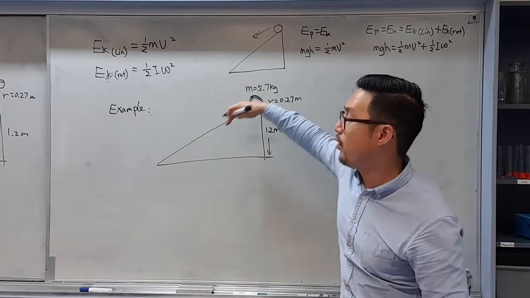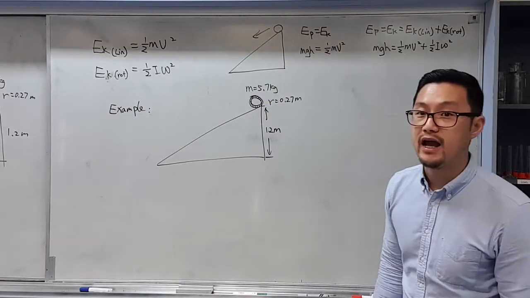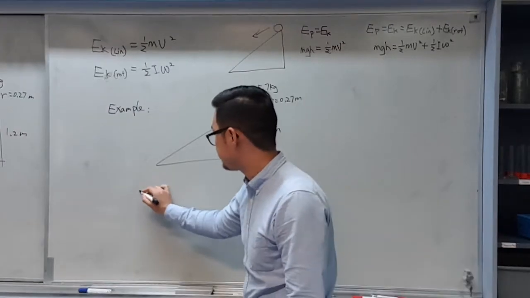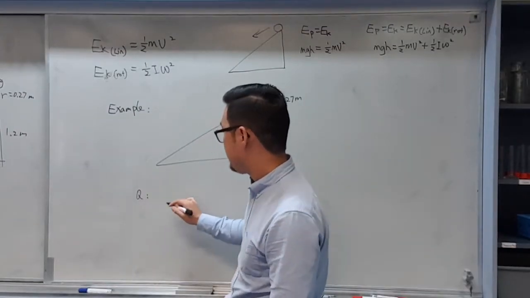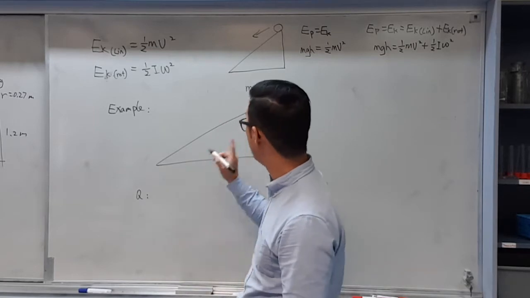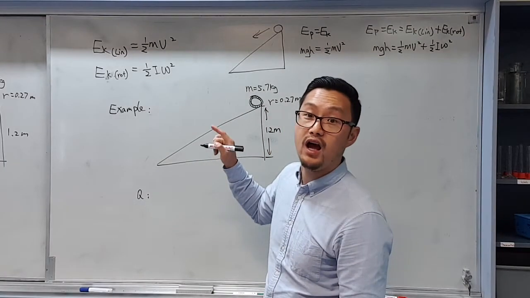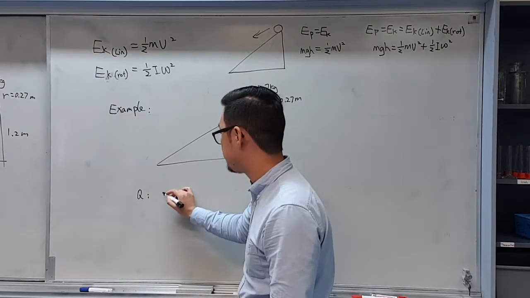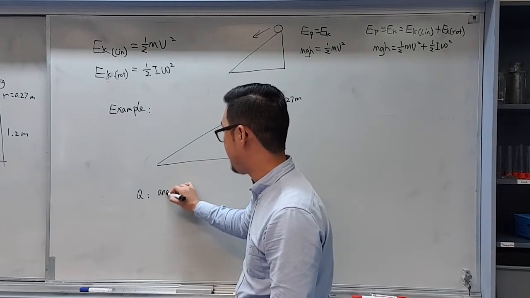Now this ball starts to roll down, and the question asks: what is the ball's angular speed at the bottom?